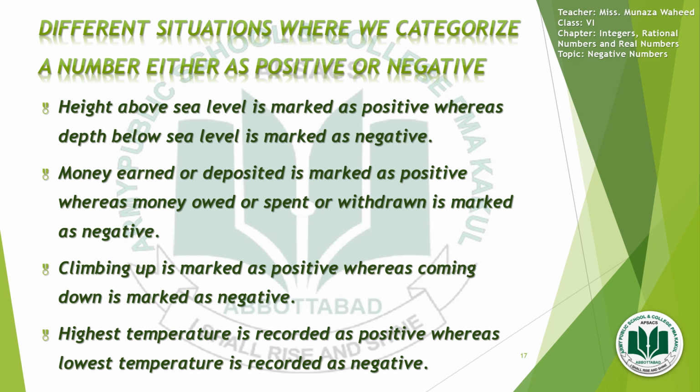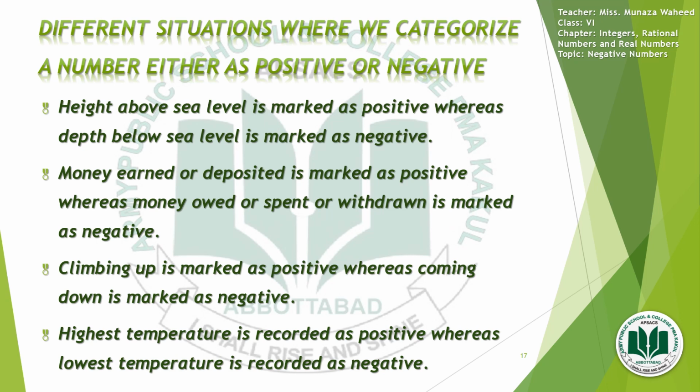Now, let us look at different situations where we categorize a number either as positive or negative. Height above sea level is marked as positive, whereas depth below sea level is marked as negative.